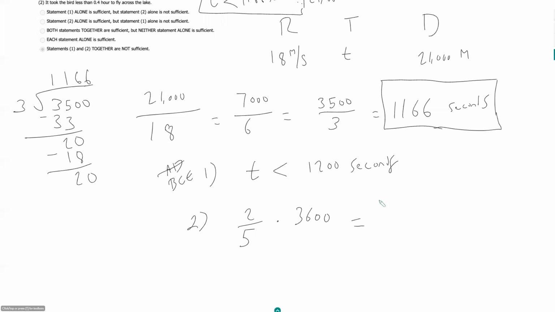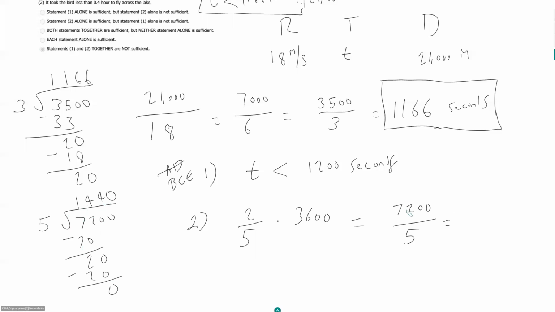So this is 7200 over 5. And I don't know what that is. Well, I've got to do it. 5 times 14 is 70. So 5 goes into 24 times. 5 goes into 0 times.